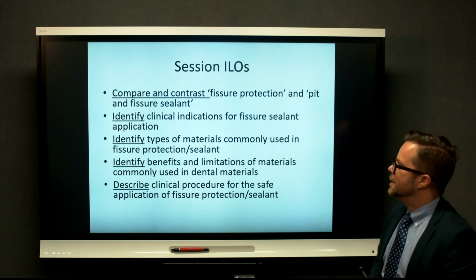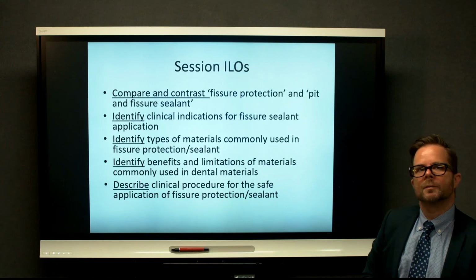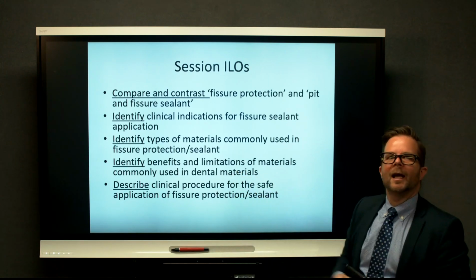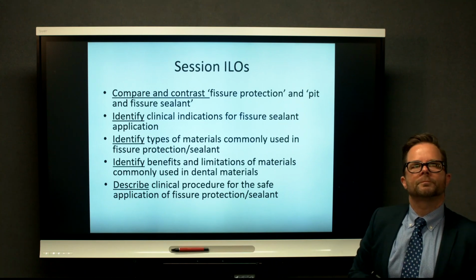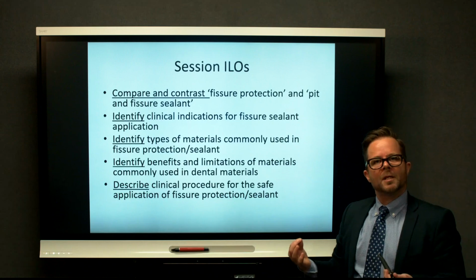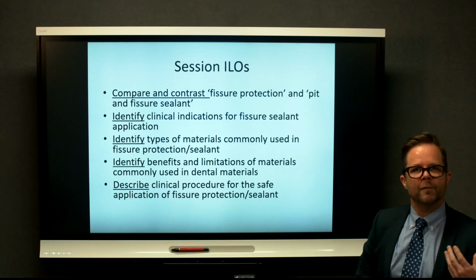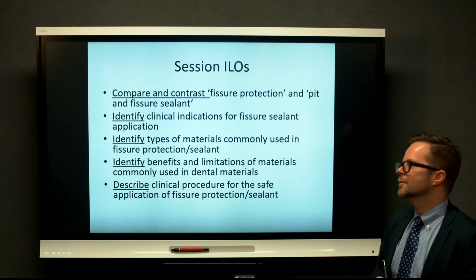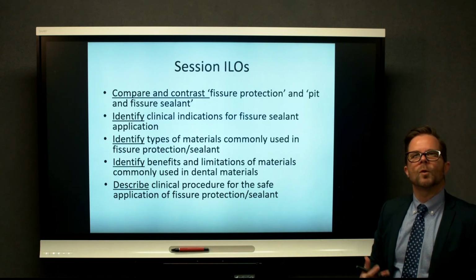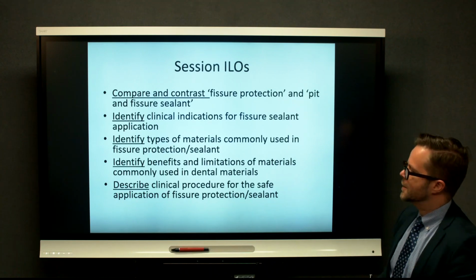The next one is to identify benefits and limitations of the materials that we use in fissure protection. So there are pros and cons to different types of materials. Some are very sensitive to moisture, for example, and you need to be aware of that when you're selecting those materials for particular clinical cases.